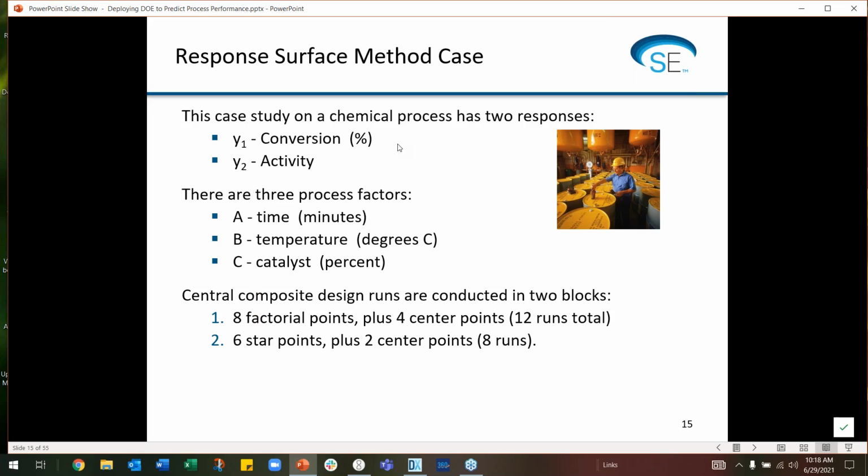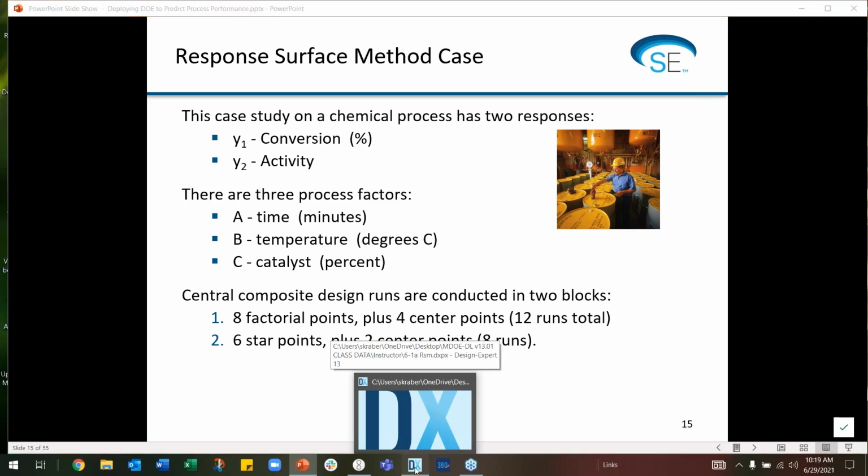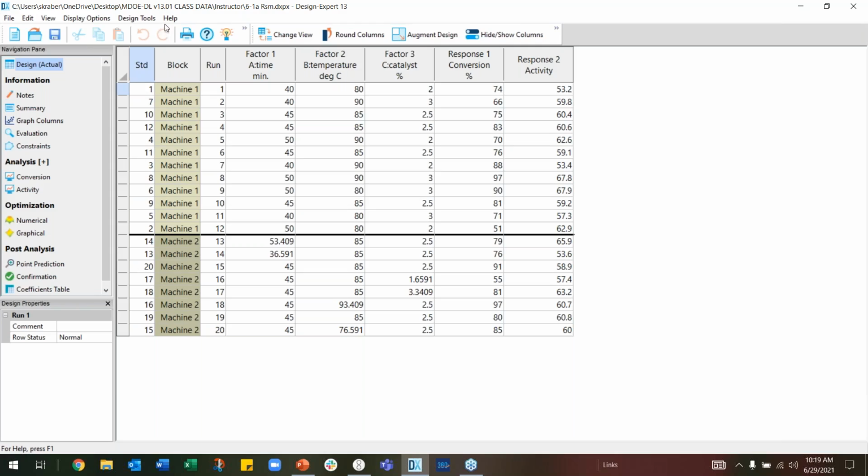All right, this case study is actually one of our tutorials. So if you want to duplicate this, you can simply go into the software. Actually, I will pull up Design-Expert right now.